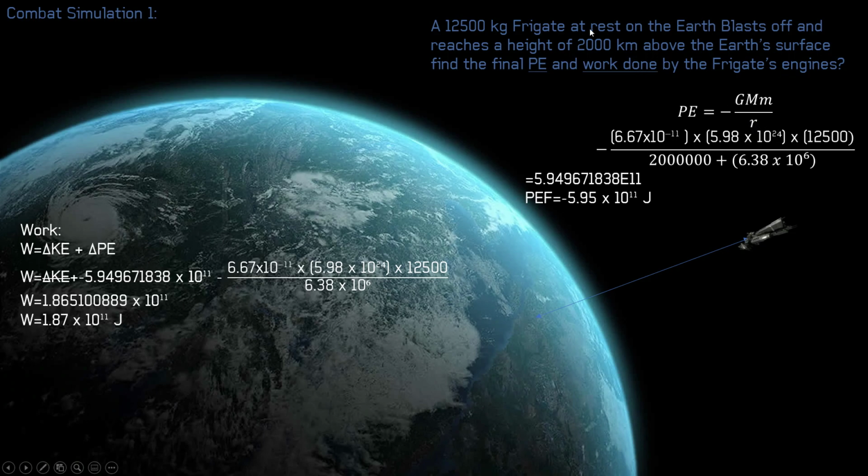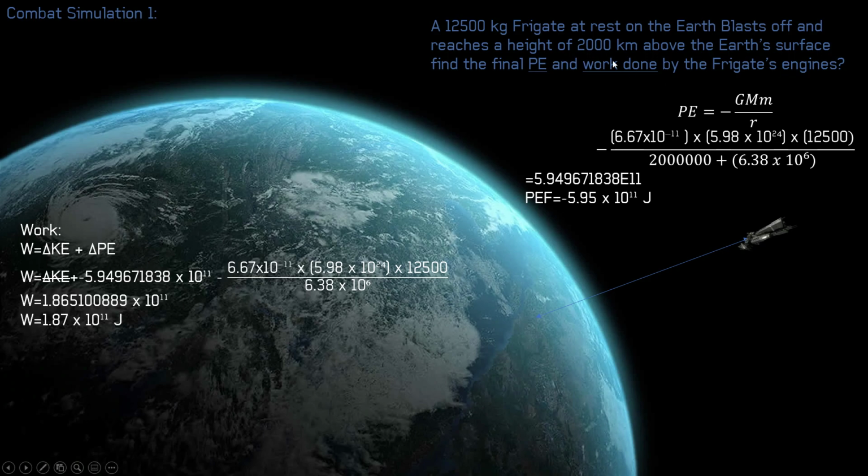We know that it is 2,000 kilometers above the Earth's surface, but that's not our radius. Our radius is supposed to be from center to center, and as you know, the Earth is relatively thick. So we must calculate it center to center from the object.